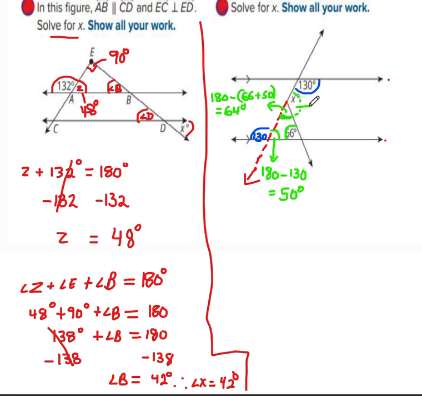So to find angle x here, I'm going to simply say that angle x is equal to 180 degrees, because angles on a straight line that make half of a circle, as these two angles do, will add to 180 degrees. So I can take 180 degrees minus the 64 degrees, and it's going to give me the answer for angle x.